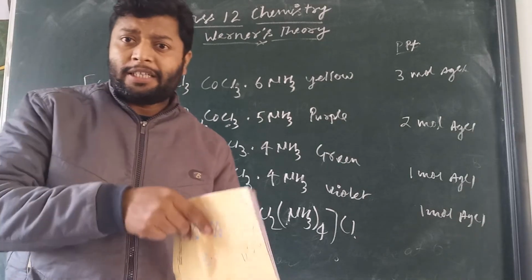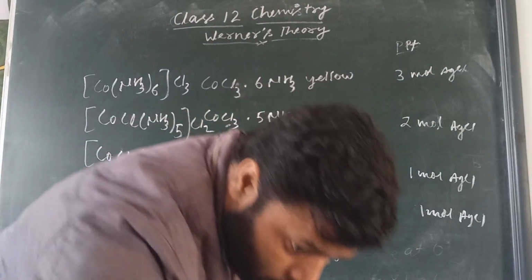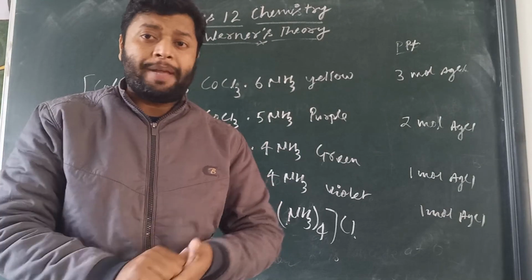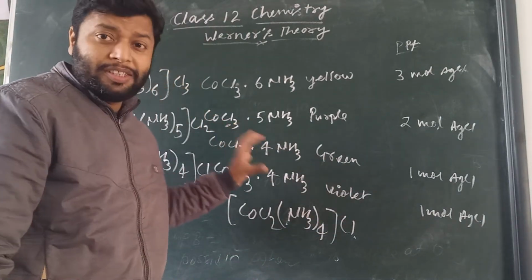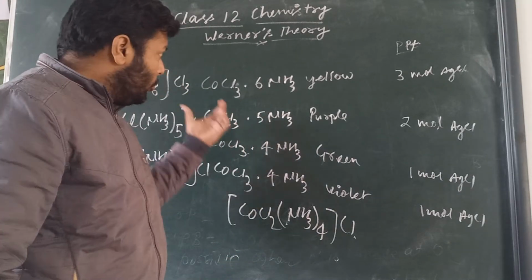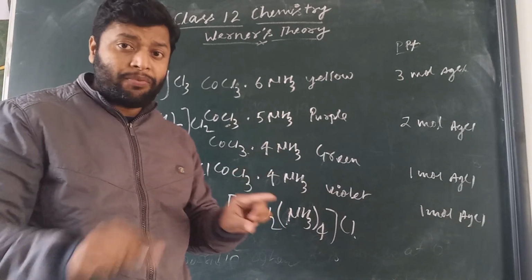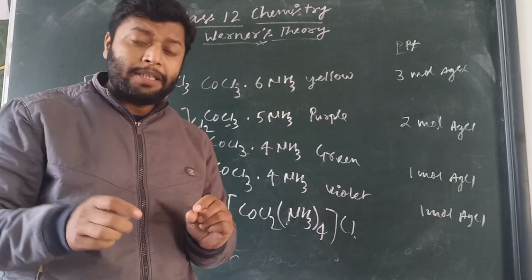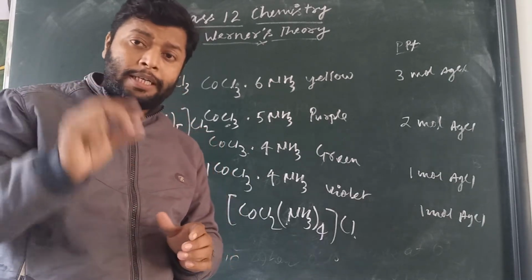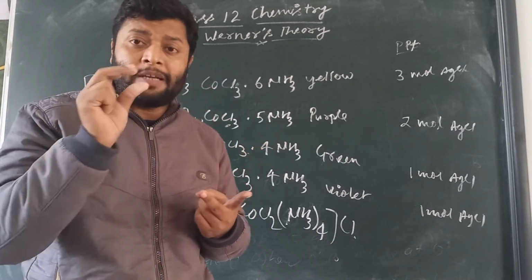So one very important conclusion we can draw from this. Only we can draw a very important concept from this observation, this experiment. One thing, whatever the complex we are having, the same complex can have a different ionizability depending upon the number of counter ions present there, because the number of counter ions is only responsible for the precipitation or the interaction with the ions in the given solution.